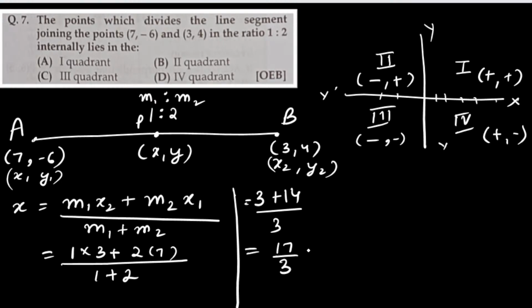So x is equal to 17 by 3. It's positive, and that is what we have to see, because we have to find in which quadrant this point P is lying.